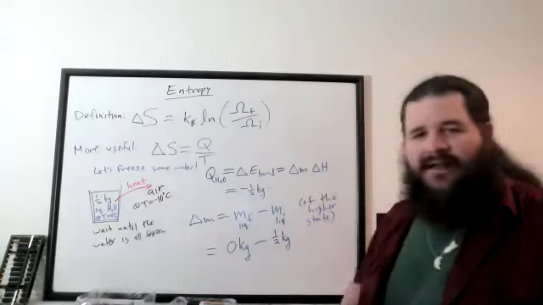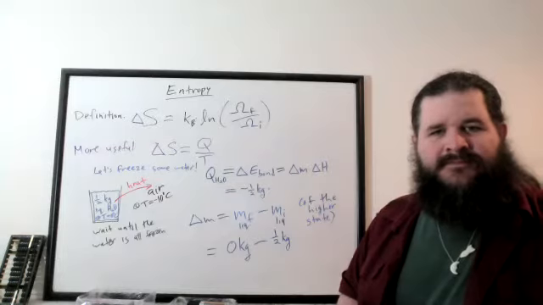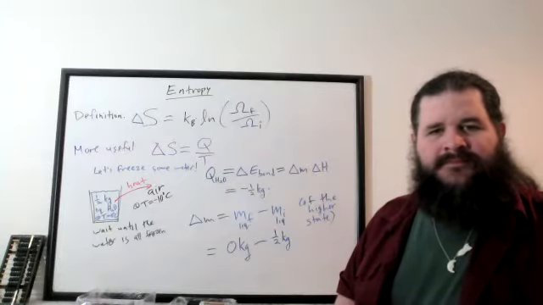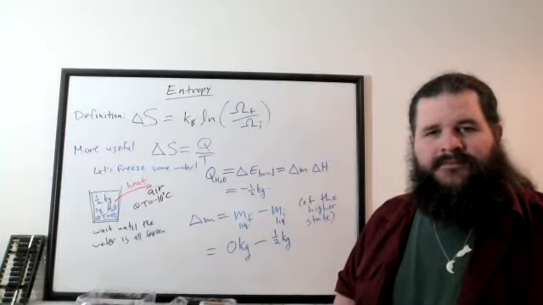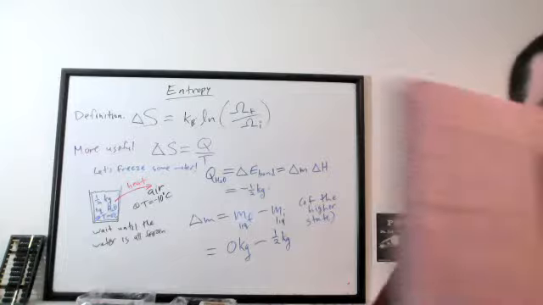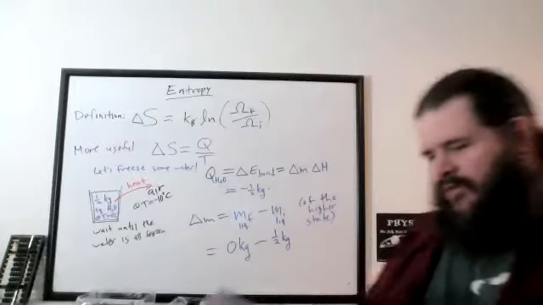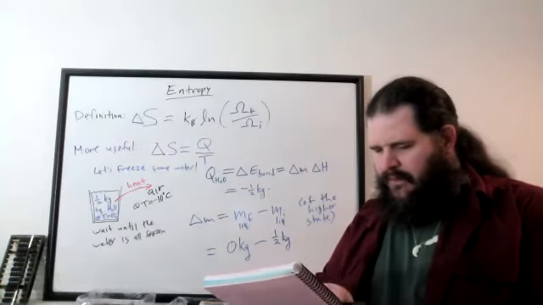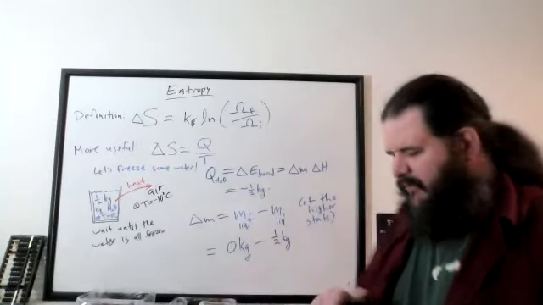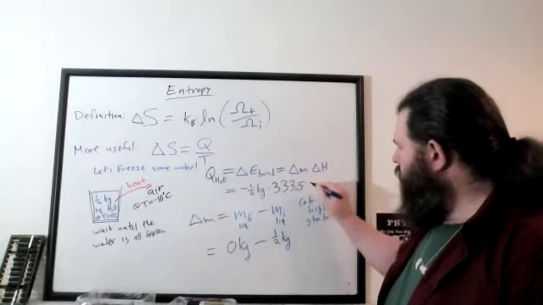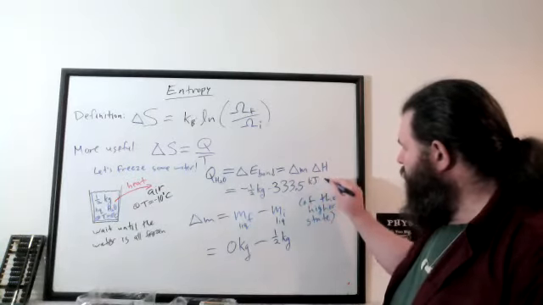And where would we find delta H? Yeah, we can look that up on a data table. I happen to have one right here we could use. So delta H for water freezing, heat of melting then, would be 333.5 kilojoules per kilogram.